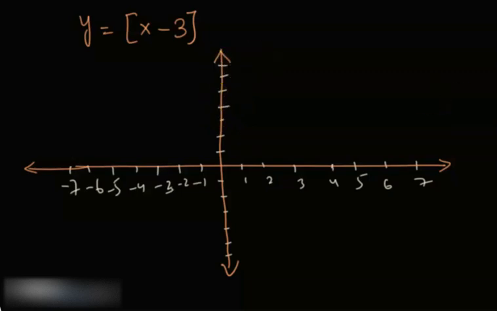So if I talk about the parent function, then the parent function looks like this. What we have to do is shift this greatest integer function 3 units towards the right.